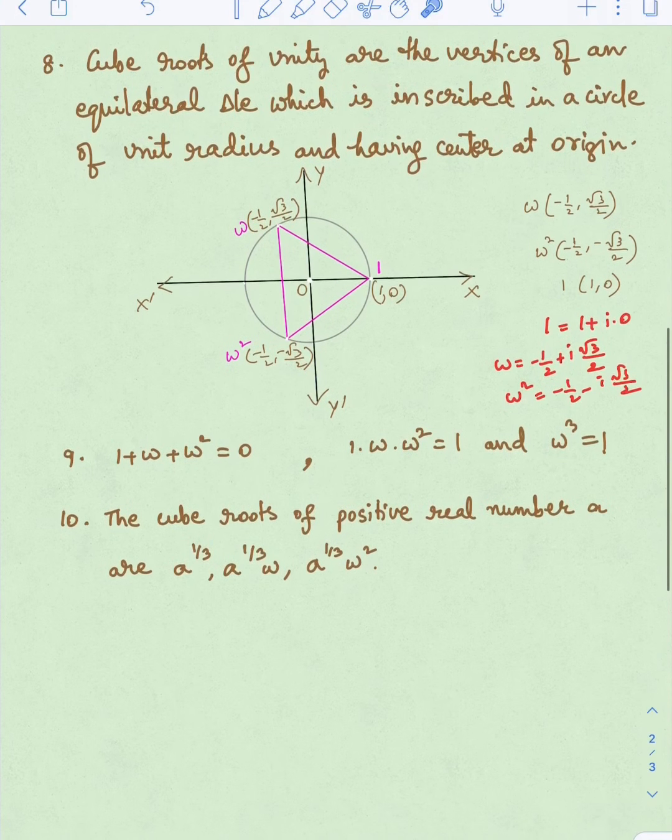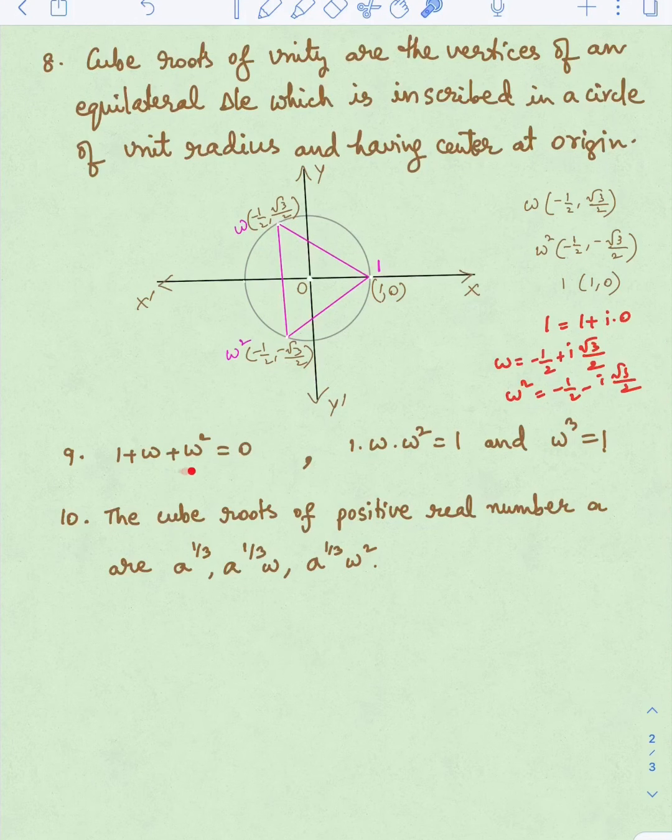And coming to the 9th point, 1 plus omega plus omega square is 0. This is used in our exercise problems. This one also: omega cube is equal to 1. That is, the product of the nth roots of unity is minus 1 whole power n minus 1. Here n means cube roots, so 3 minus 1 gives 1.